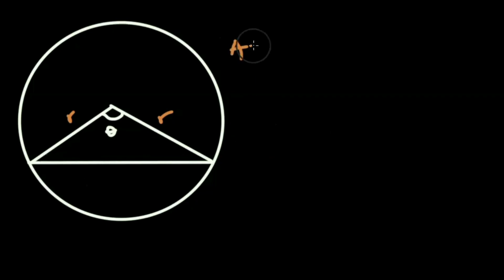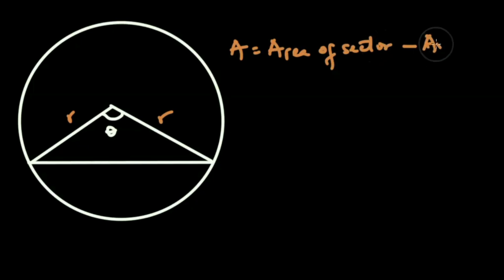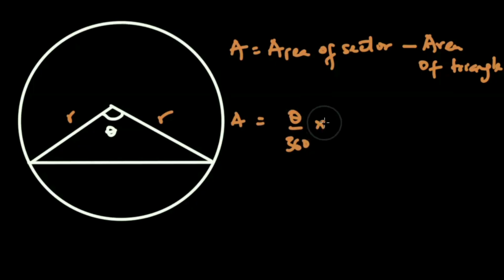So area of the segment will simply be the area of the sector minus area of triangle. We've also established in the previous video that area of sector is theta over 360 multiplied by pi r squared. Now in this case, the area of triangle we're going to use is 1 over 2 r squared sine theta.